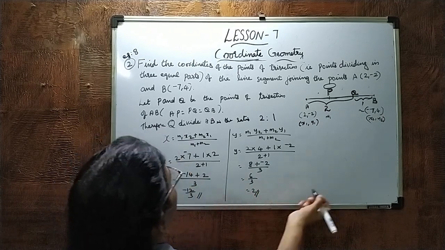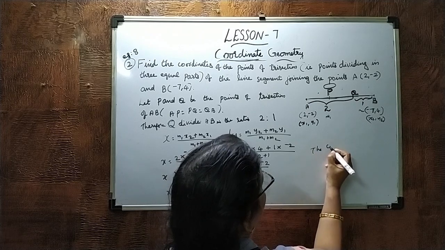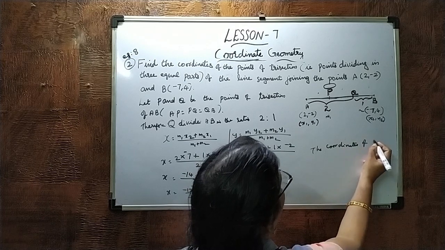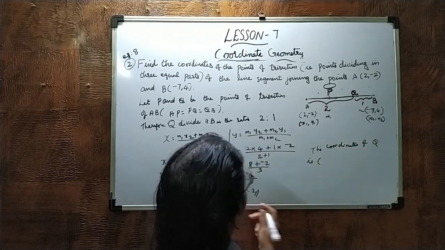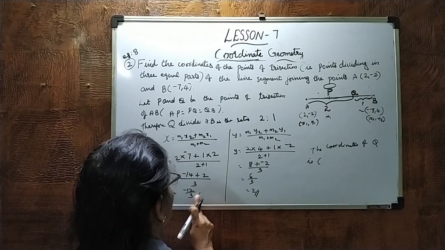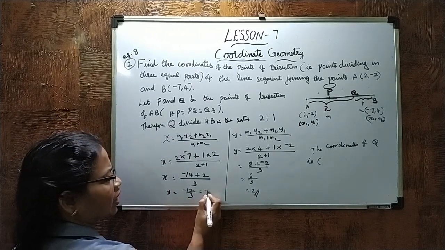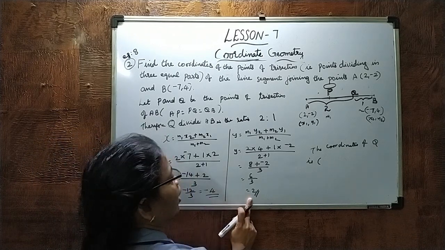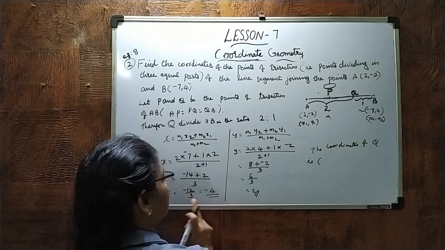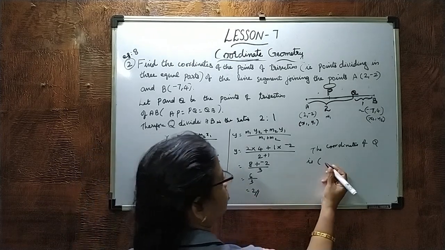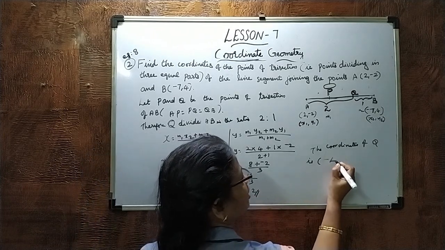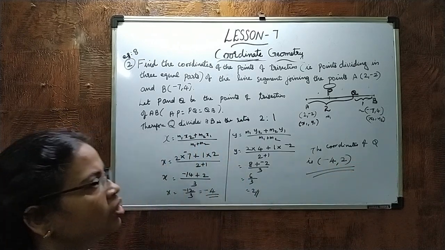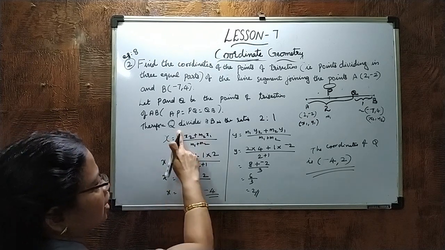So the coordinates of Q: negative 12 by 3 is negative 4, and y is equal to 2. So the x coordinate is negative 4, y coordinate is 2. Negative 4, 2 is the answer for the coordinates of Q.